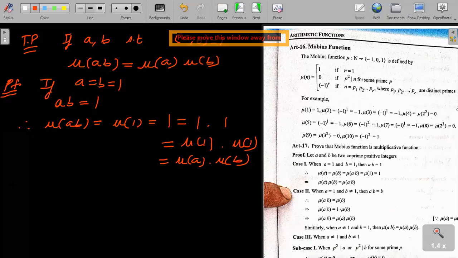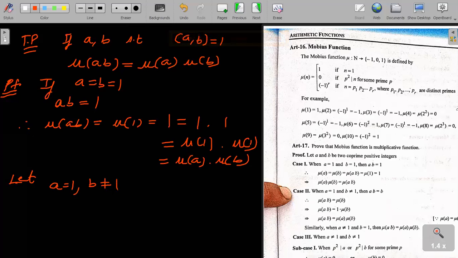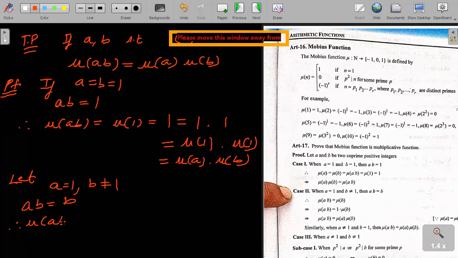Now let us take another case. One of them is 1, say a is 1 and b is not equal to 1. So in this case what will ab be? Because we have taken a as 1, ab will be b. So therefore mu of ab will be mu of b.